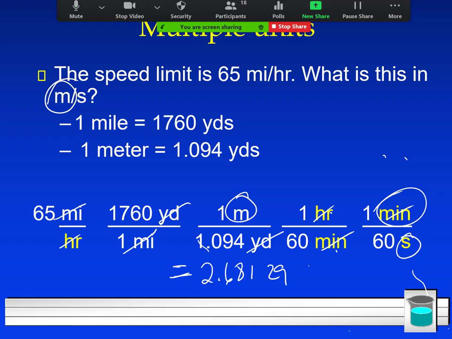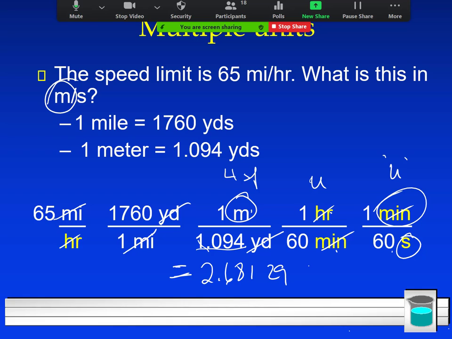I just have to think about where to round it off. Starting at this side, 1 minute is 60 seconds, that's a definition, unlimited. 1 hour is 60 minutes, that's a definition, unlimited. 1 meter is 1.094 yards. One's metric, one's English. I take the most out of the conversion factor, so that has 4 sig figs.